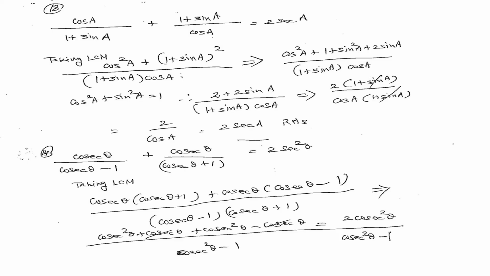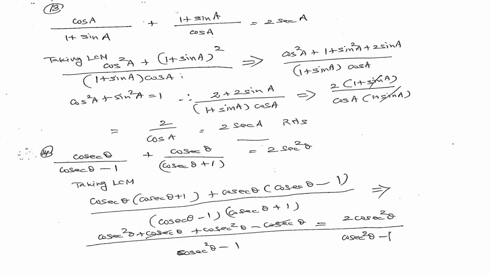In the next problem, we have cosec theta by cosec theta minus 1 plus cosec theta by cosec theta plus 1 is equal to 2 sec squared theta. Taking LCM, cosec theta into cosec theta plus 1 plus cosec theta into cosec theta minus 1 by cosec theta minus 1 into cosec theta plus 1. A plus b into a minus b formula takes the denominator to a squared minus b squared.